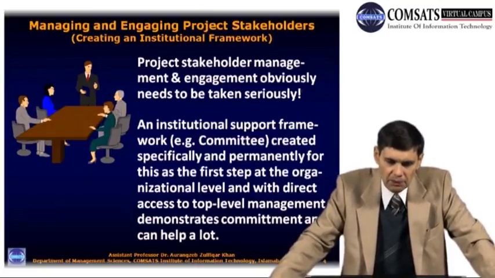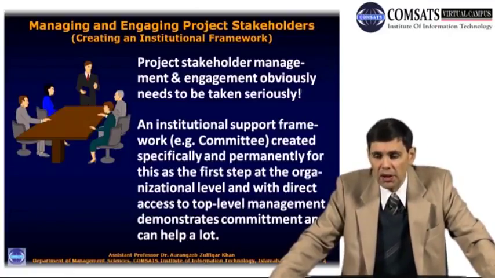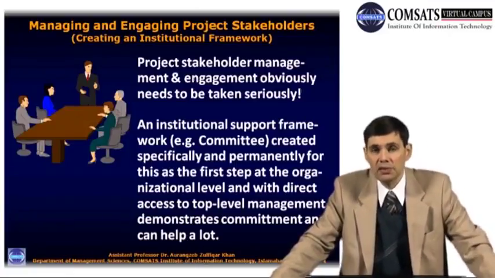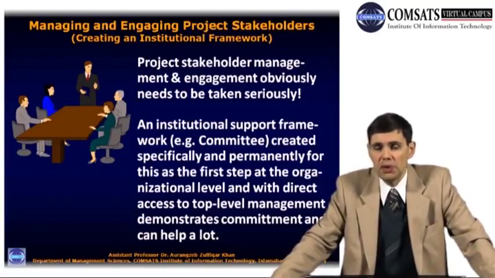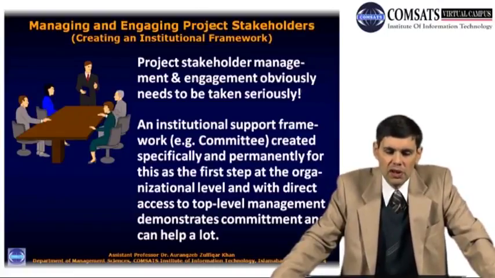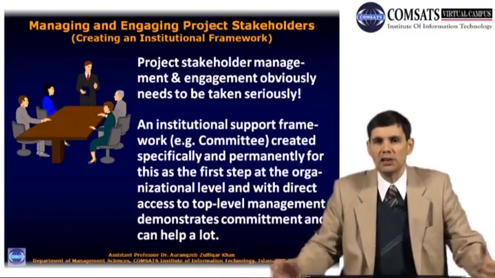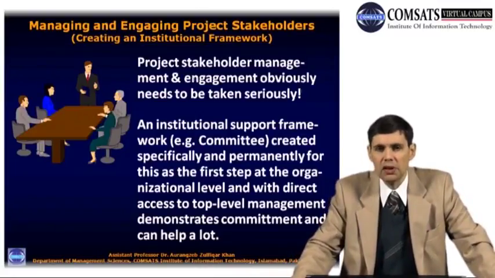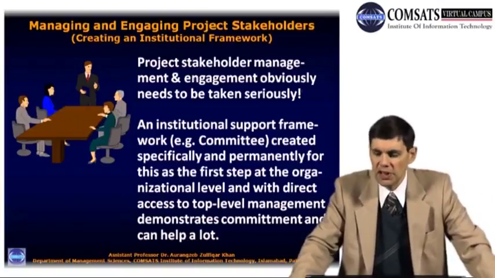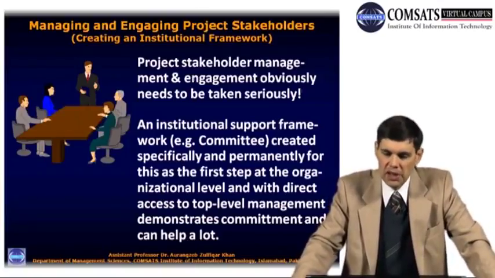How would you do that? Well, first of all, you have to set an example. You have to give a signal that you understand that stakeholder management and engagement is very important. And as an expression of this importance, you set up an institutional framework which will be the basis for helping facilitate stakeholder management and engagement.